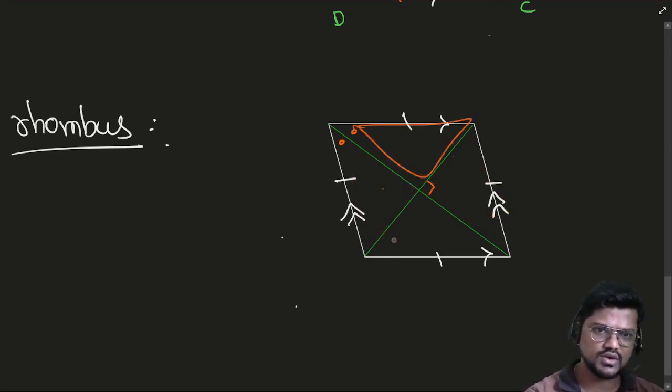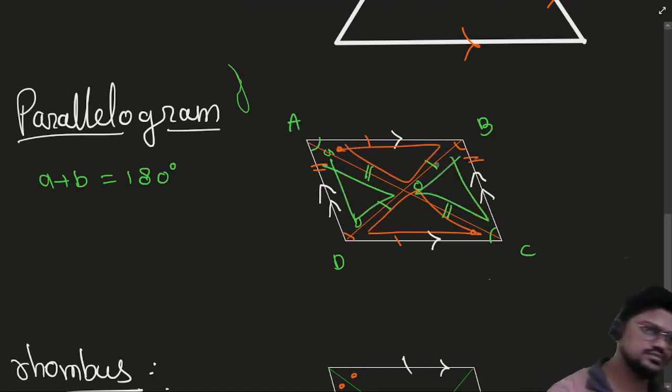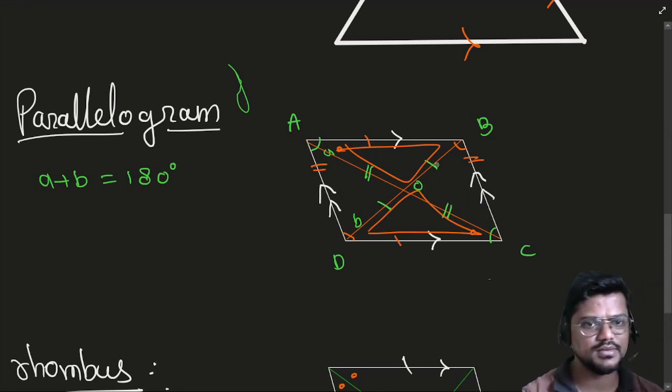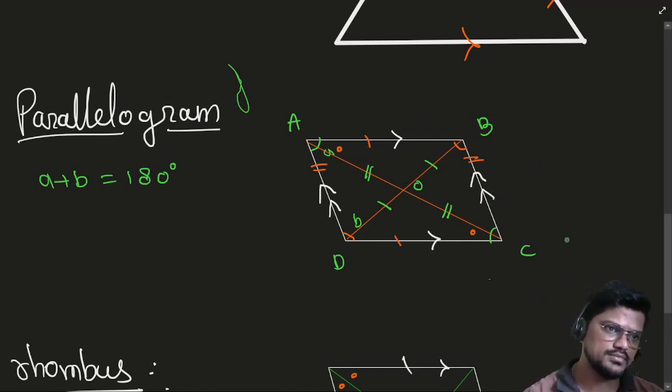This triangle will be congruent to this triangle in a rhombus. All the four triangles will be congruent. But in a parallelogram, only the opposite triangles are congruent. This triangle is congruent to this triangle, and this triangle will be congruent to this triangle. The adjacent triangles won't be congruent. It will not be in a parallelogram.